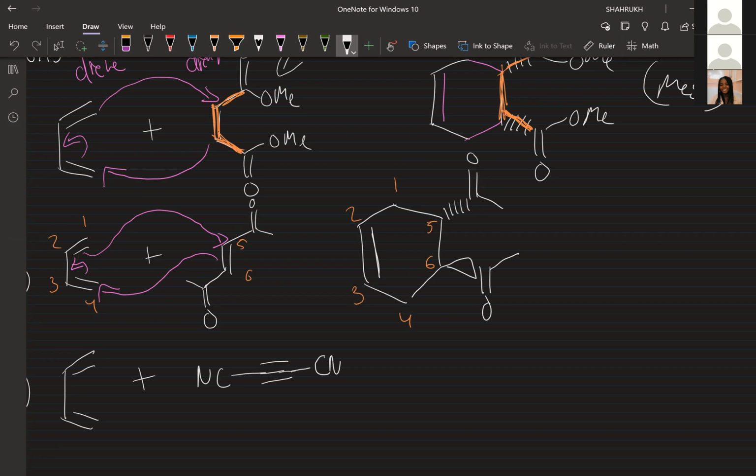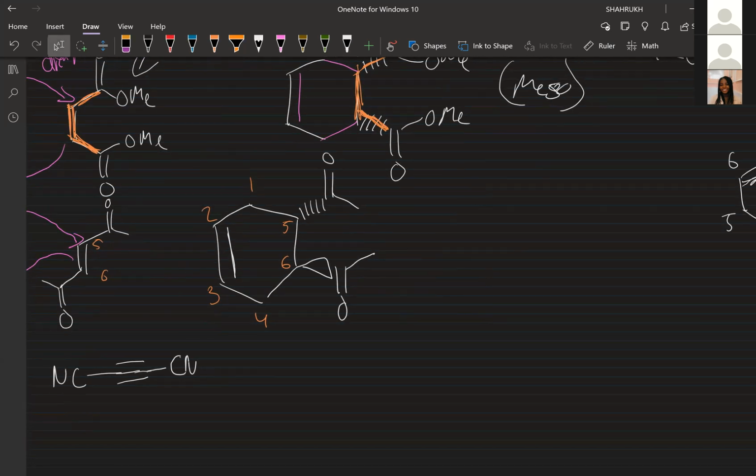So do we have an enantiomer here, or is this the only product? You have an enantiomer, right? So I'm going to draw out the enantiomer. You could write plus En, but just to show you how the other enantiomer would look, it would look like this.